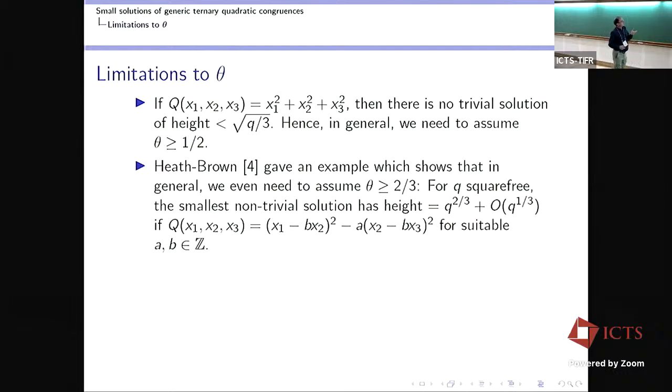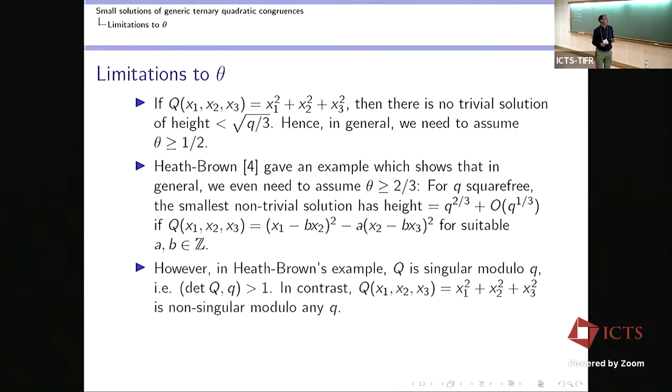In fact, Heath-Brown showed that when we don't make any assumptions on the coefficients, not even 1/2 is sufficient. So he gives an example of a quadratic form, where A and B are chosen independent of q, such that there is only a non-trivial solution of height greater or equal q^(2/3).